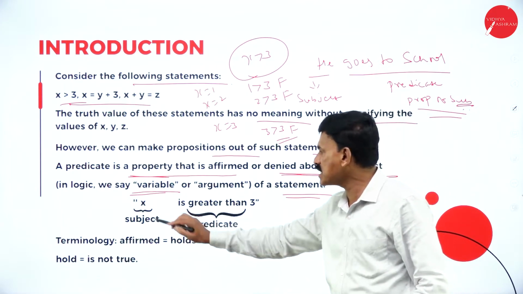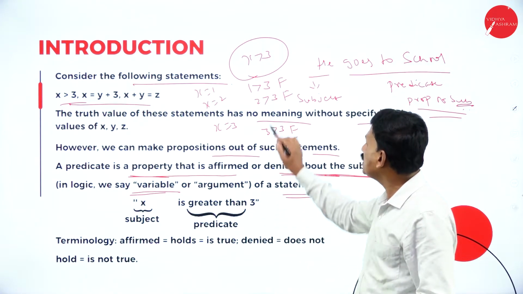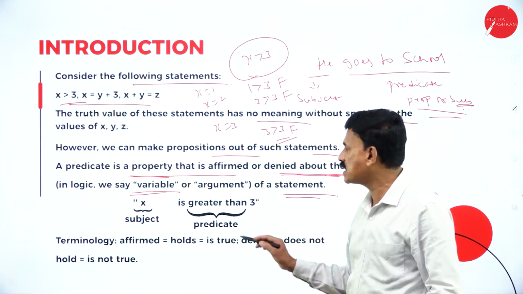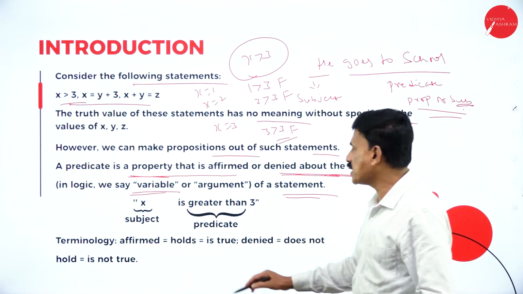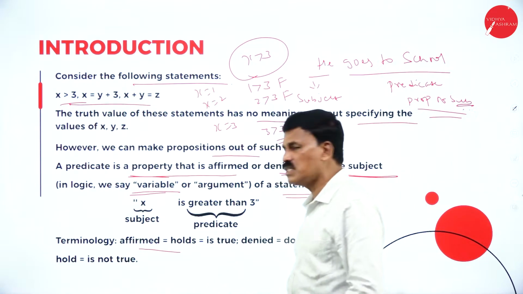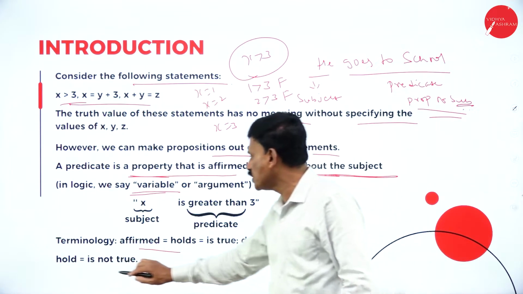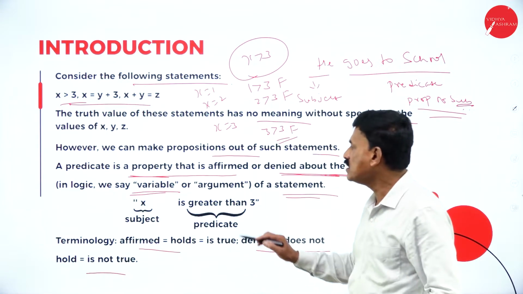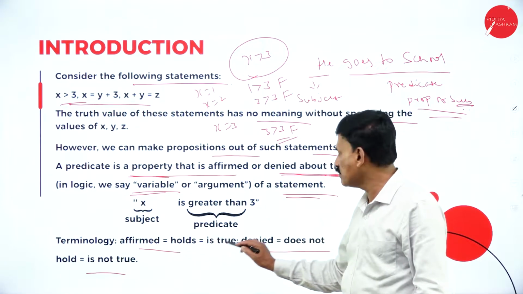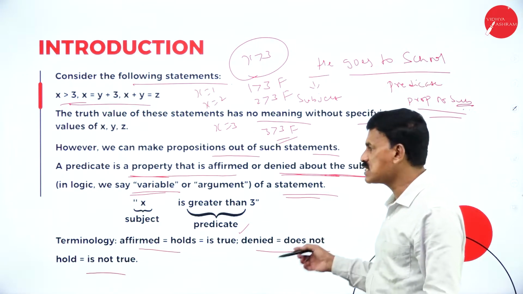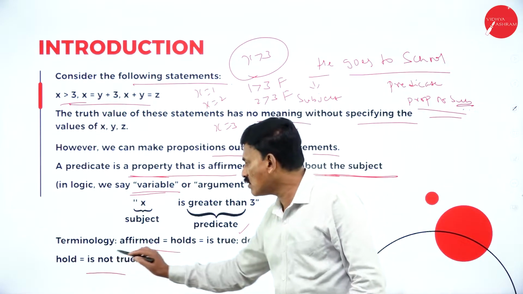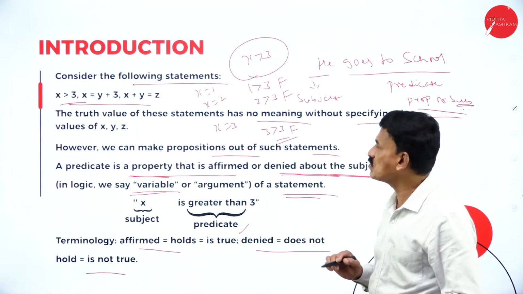Now here x is the subject, and "is greater than 3" is the predicate. The terminology: affirmed means holds, it is true; denied means does not hold, it is not true, that is false.